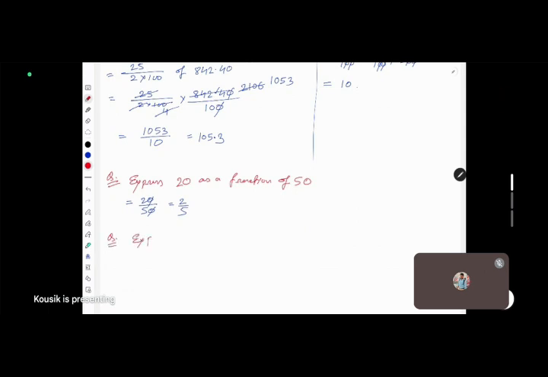express 20 as a percentage of, as a percent of 50, then how we do it?